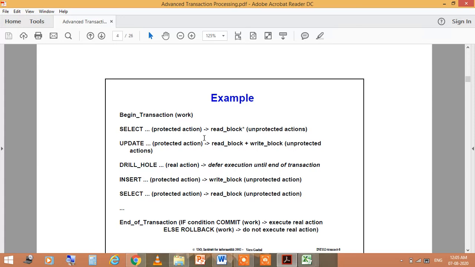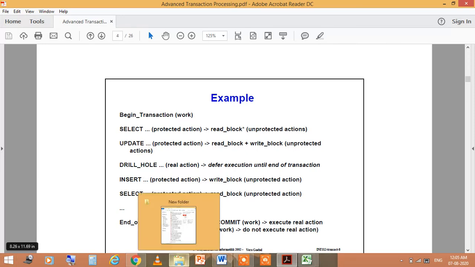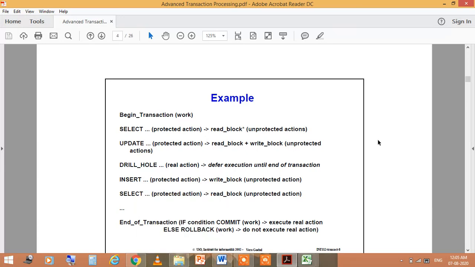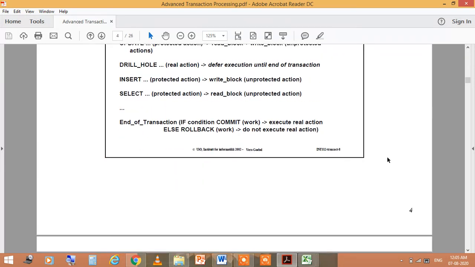So in short, at the end of transactions, if conditions hold, commit work, execution of these real actions, else rollback work. So do not execute real actions.